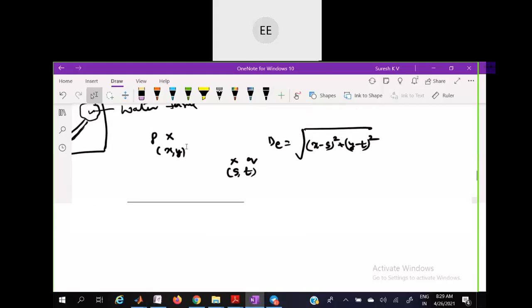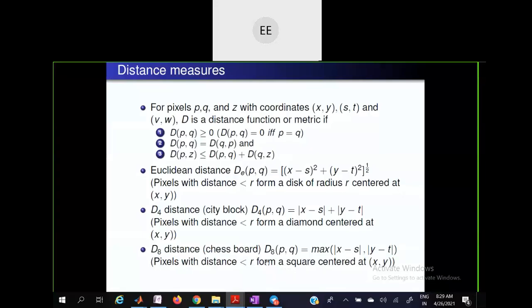Remember, you are only looking at the coordinates x comma y and s comma t. You are not looking at the value at P or at Q. That means the gray level is immaterial to me. I want the physical distance. I hope you understood. That is called Euclidean distance.